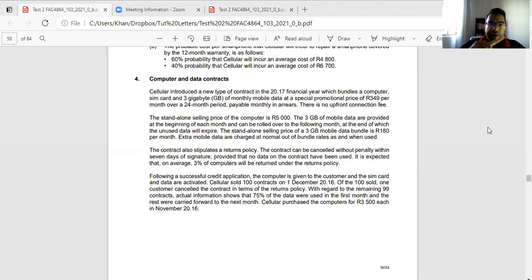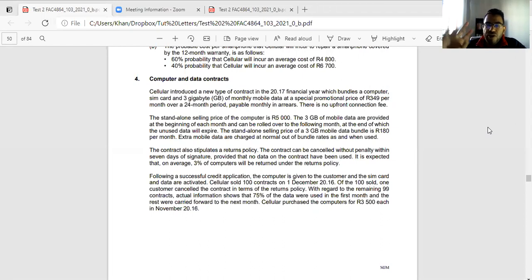Okay, so in that, we do know we are in the 2017 financial year, 1 January 2017 to 31 December 2017. So they're saying during the 2017 financial year, they have a new product, or promotion or bundle, whatever it is.